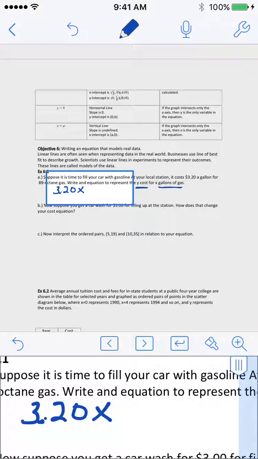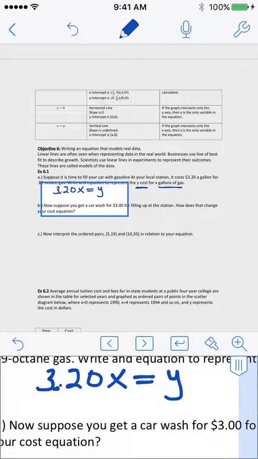If it's x gallons, if it's 2 gallons of gas, I'd multiply by 2. If it's 1 gallon, I'd multiply by 1. If it's 15 gallons, I'll multiply by 15. That will give me the cost for all the gallons of gas, my bill for using the gas pump.